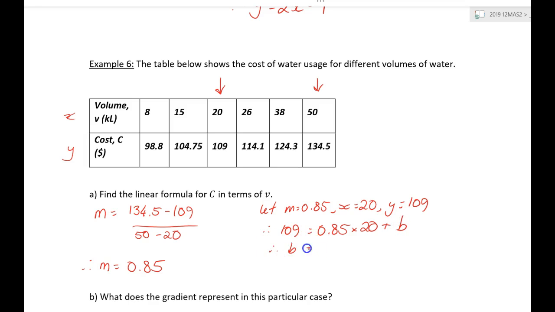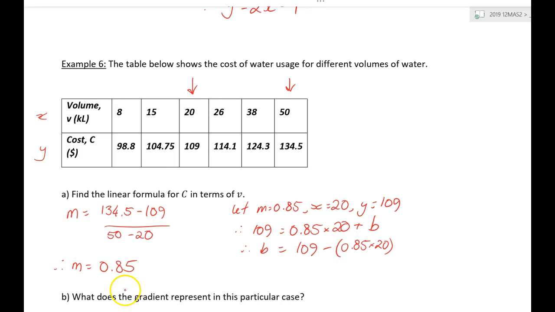Therefore, b equals 109 minus 0.85 by 20. Okay, now 0.85 times 20 is 8.5 times 2 is 17. So 109 minus 17. Oh, geez, you know what?